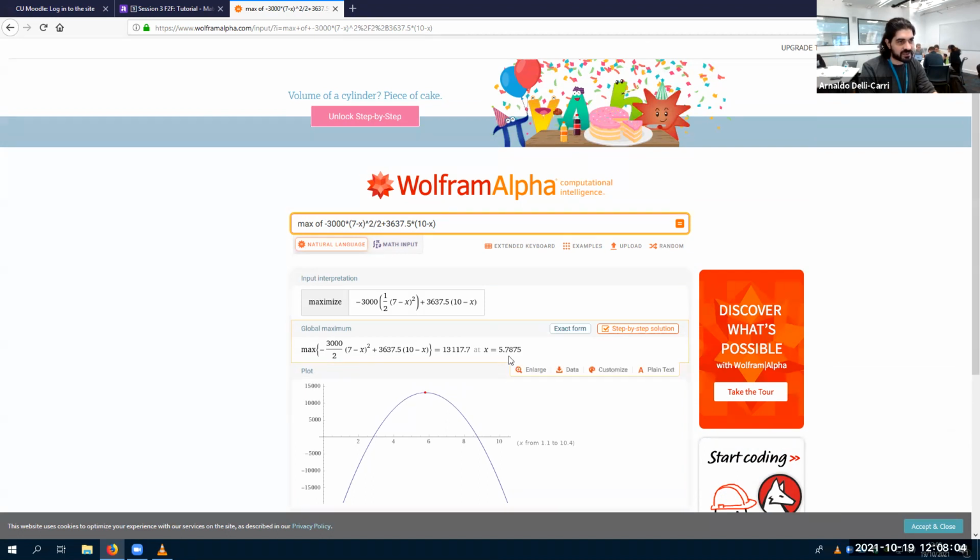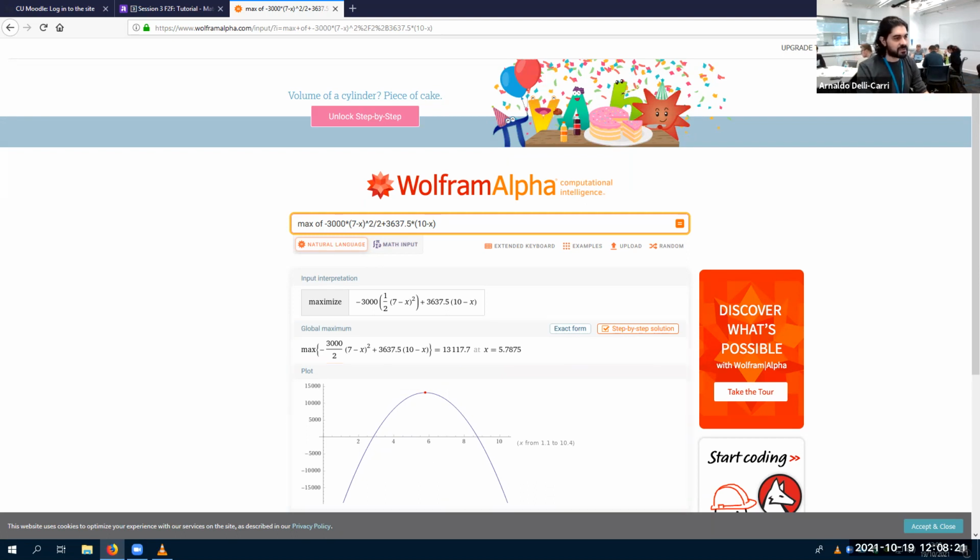So at 5.78, as I said, the maximum is 13,117.7 Newton meters. That's the largest bending moment.